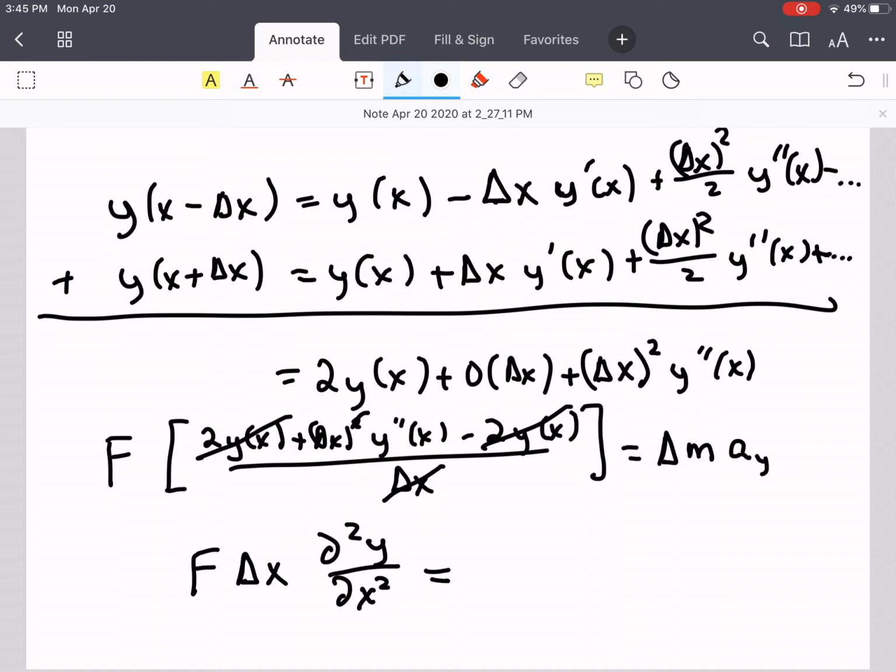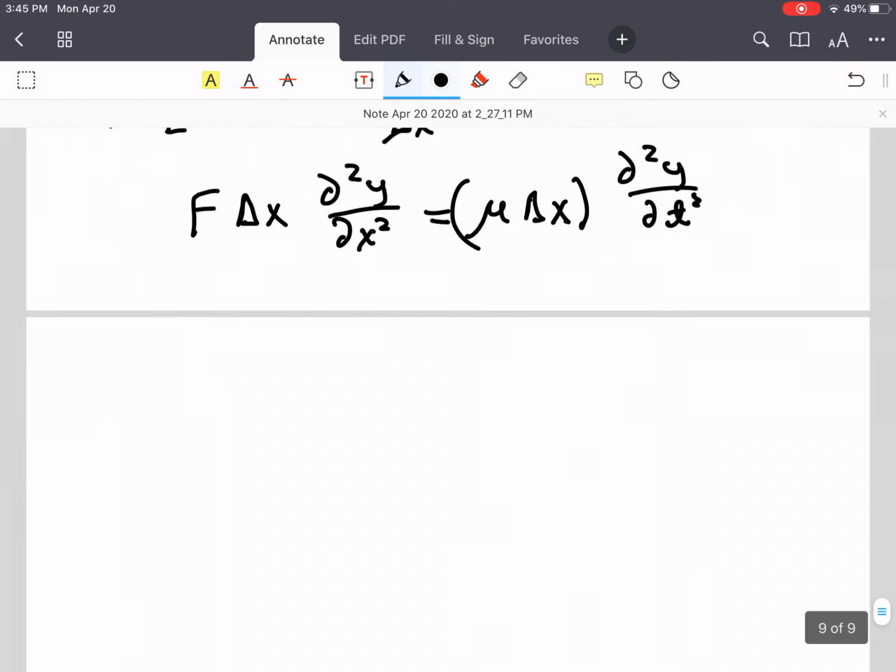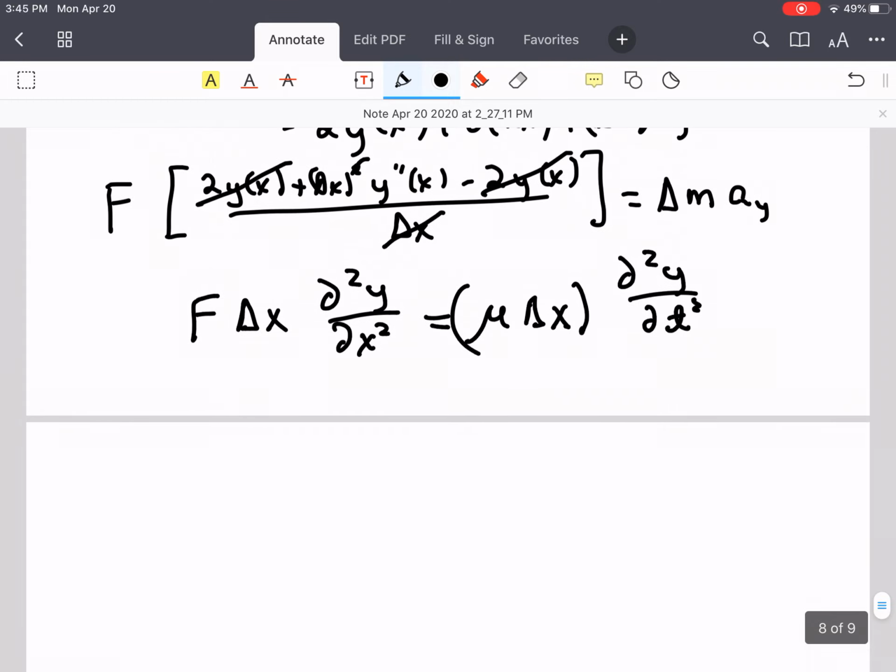On the other hand side, delta m we said was mu times delta x, times the acceleration with respect to y, which again is the second derivative of y with respect to t squared, keeping everything else fixed. So that's this partial derivative. And now we're almost done. We cancel out the delta x's on either side of the equation.